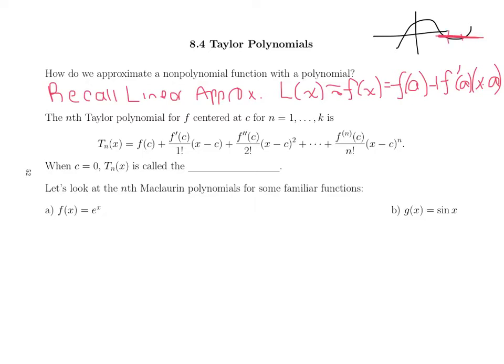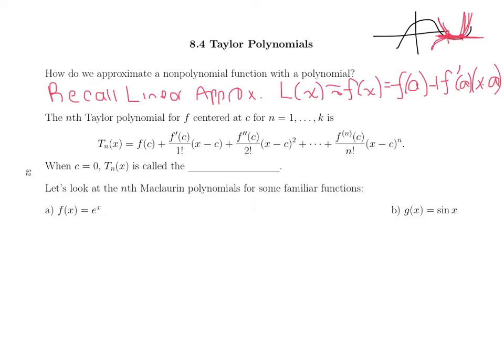But maybe if we could draw a quadratic at that point, that would probably be an even better approximation. Or if we could draw a cubic function, maybe that would be even better. So instead of just using linear functions, maybe we use a polynomial function. And that's where these ideas of Taylor polynomials come from: to use a higher degree polynomial, instead of just a linear function, to approximate a function that maybe is not a polynomial.